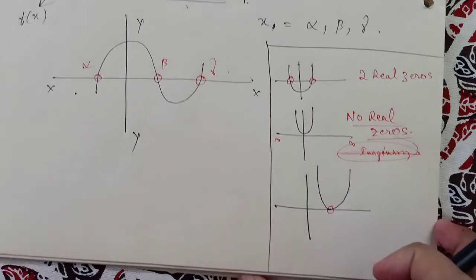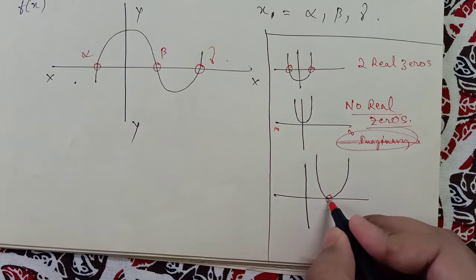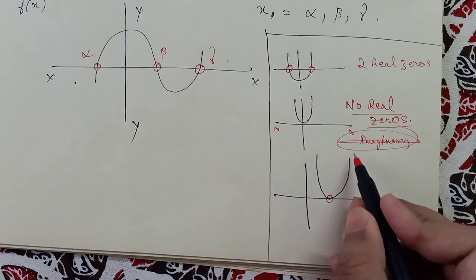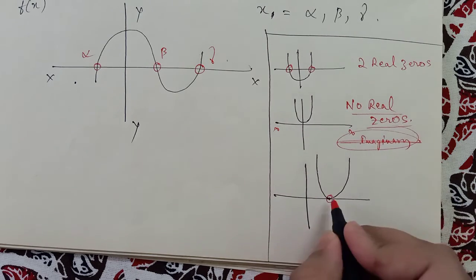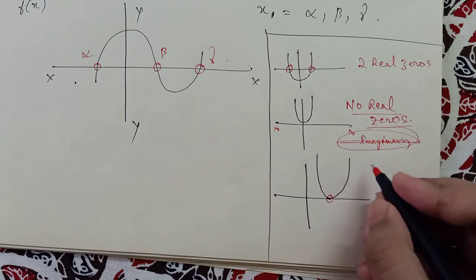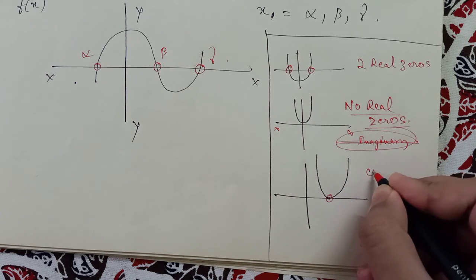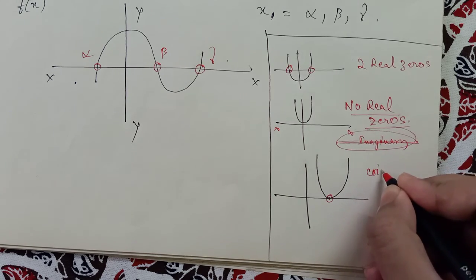Okay, and in this case you will have only 1 zero. The curve is coinciding with only 1 point, that is, you can say tangentially with the x-axis. So here you will get only 1 zero. We say this kind of zeros as coincident zeros.